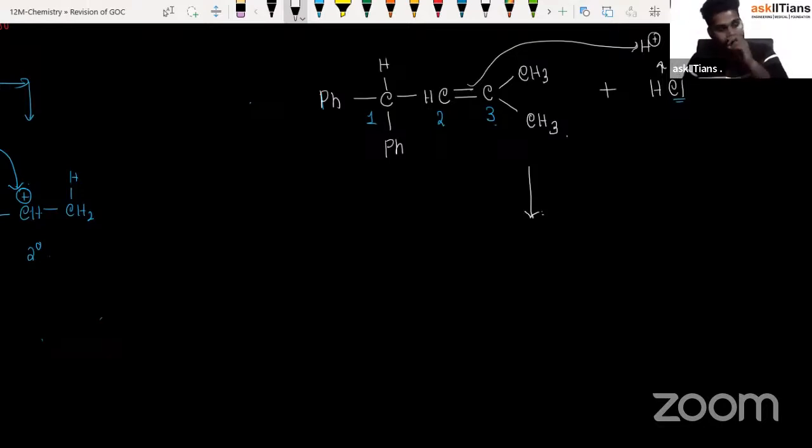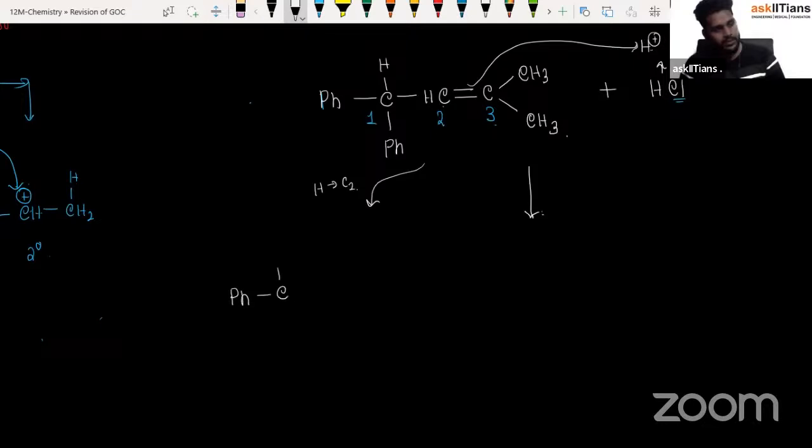All right. So the first situation that you can make is you can let the hydrogen join through carbon number 2. So hydrogen goes to carbon number 2. In that situation, what would happen?